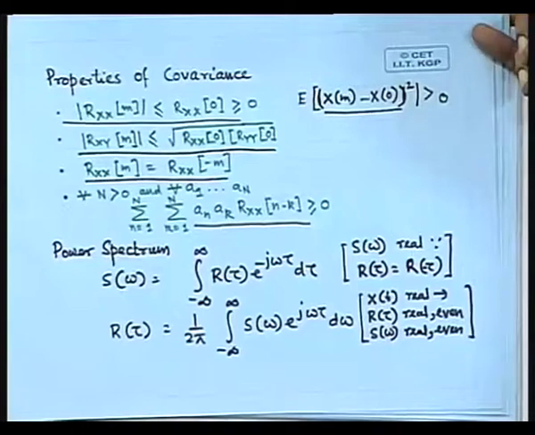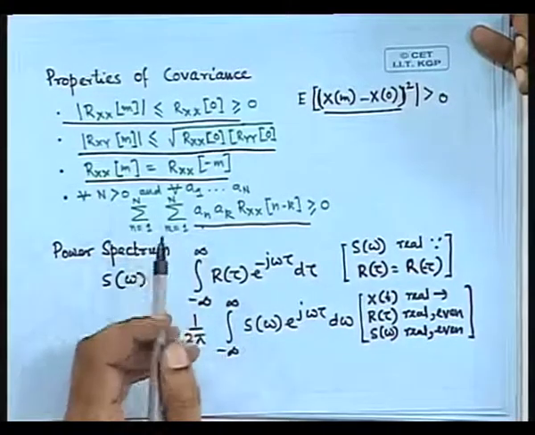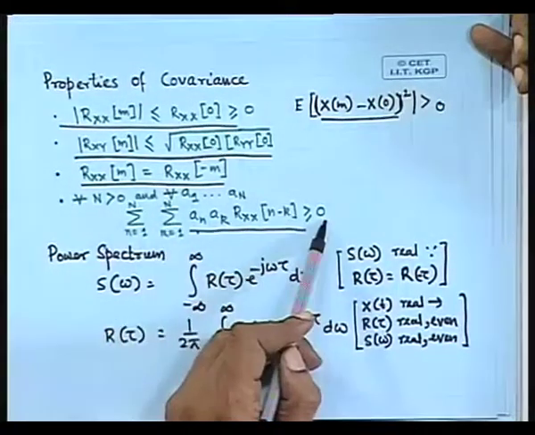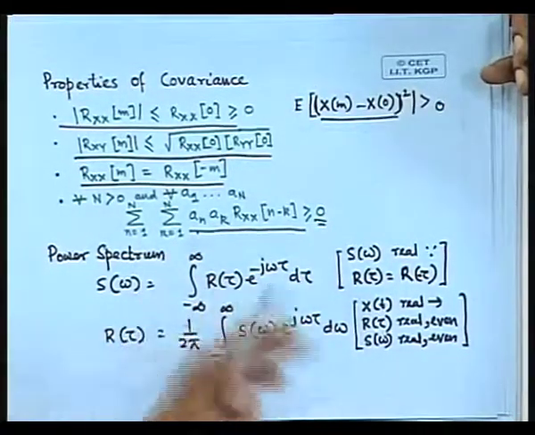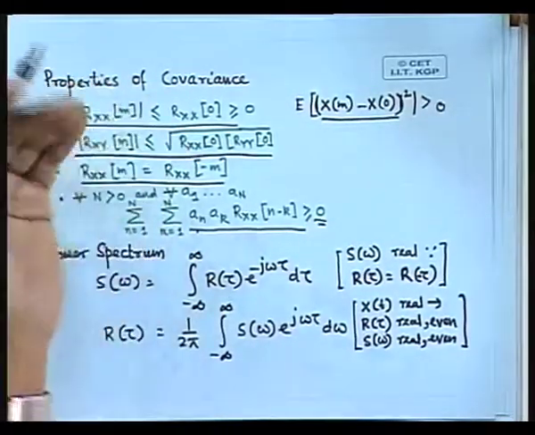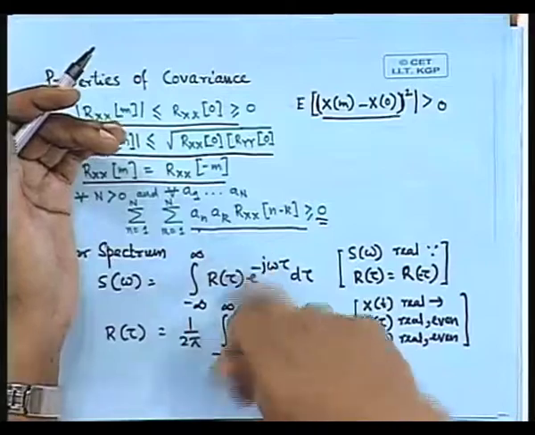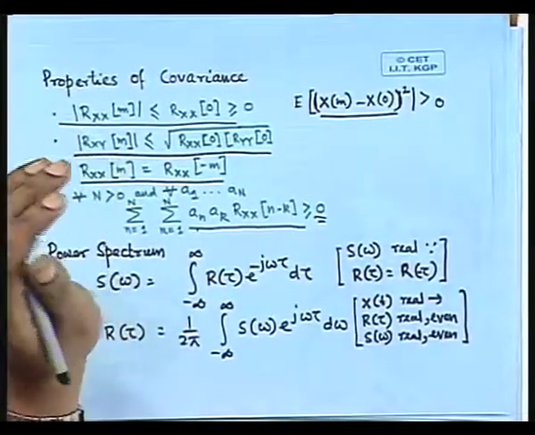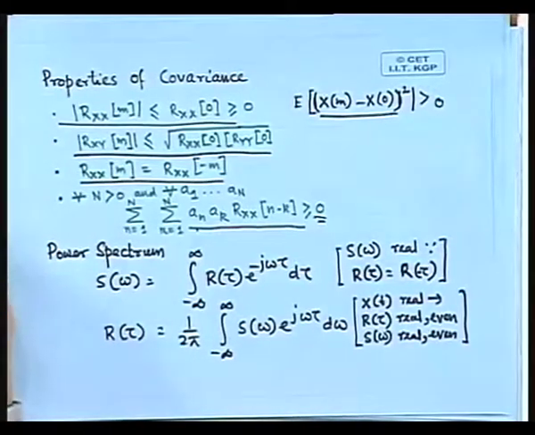In the scalar form, this is the relationship. It says that if you choose any number of constants and then construct this function, it will always be greater than 0. That is true for all correlation functions. In fact, unless these properties are satisfied, a function cannot be called a correlation function. These are some well-known properties.